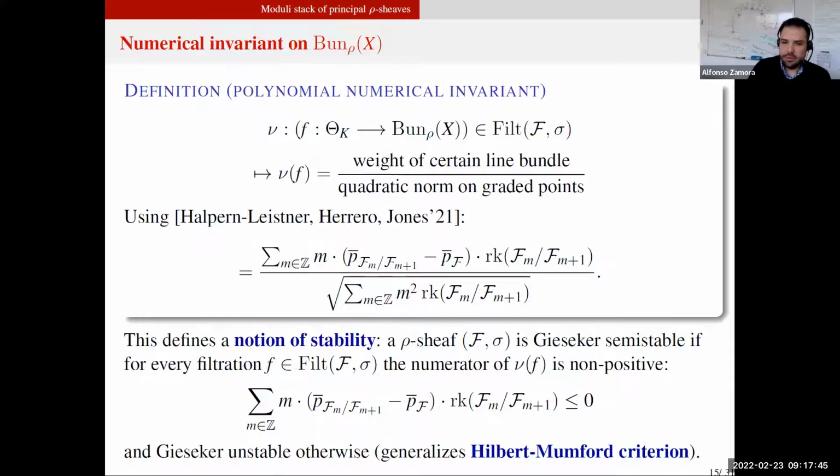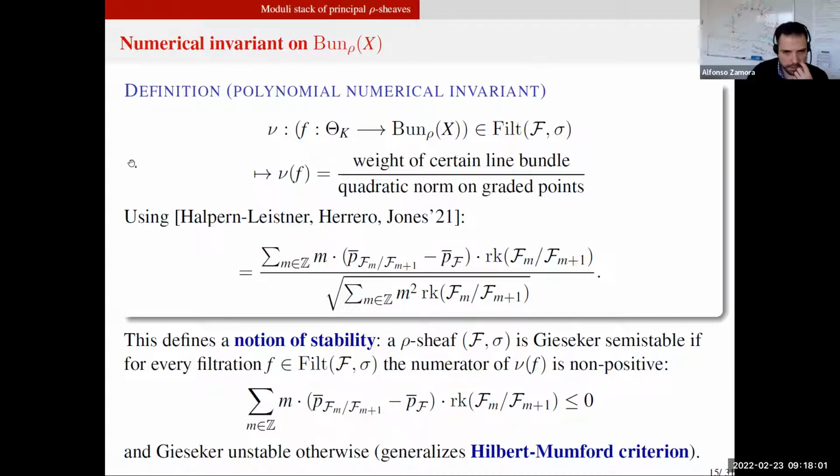Once we have in the GIT problem a one parameter subgroup, then to apply the Hilbert-Mumford criterion, we need some weight, some numerical criterion to determine whether a point is GIT stable or GIT unstable.